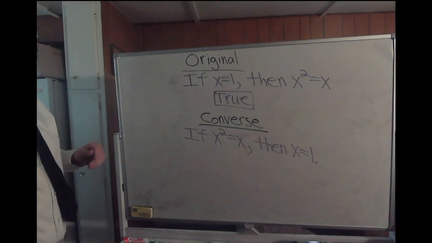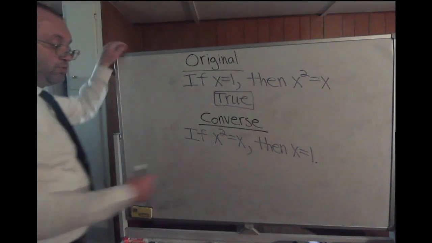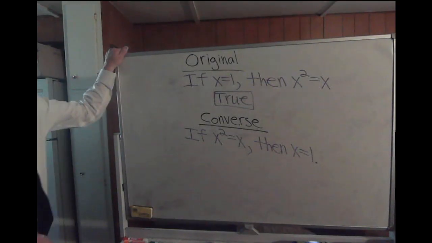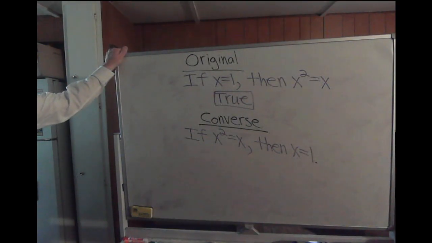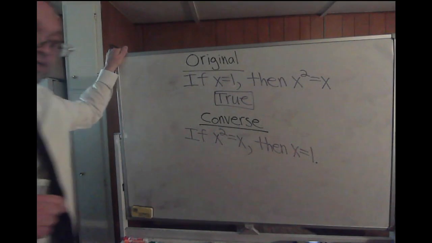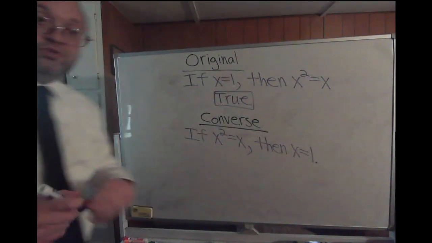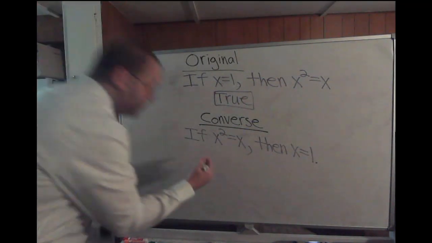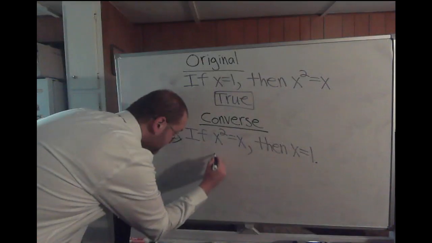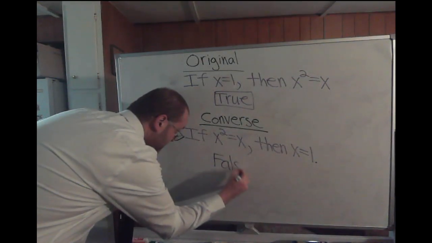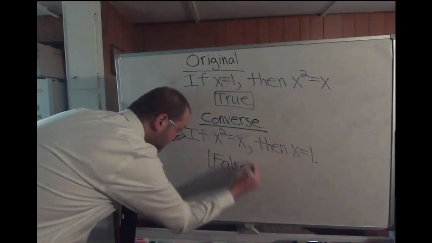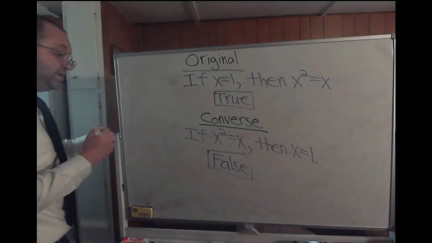Well, that's only partially true. If we were going to solve x squared minus x, we know this would factor into x times x minus 1. So not only would you get 1, you would also get x equals 0. It omits the solution of x equaling 0, so this is false. So the converse of this statement is actually false.